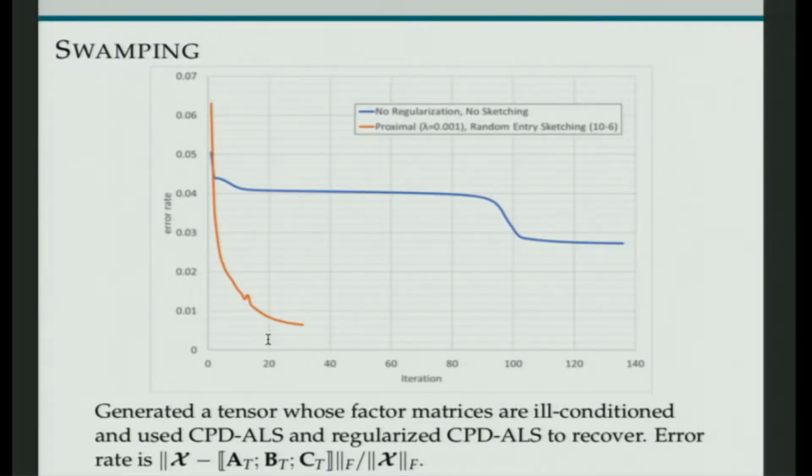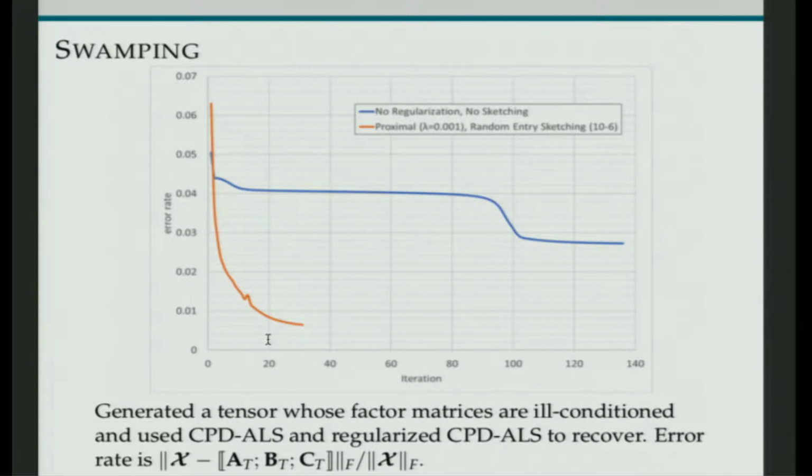So here's an example of swamping. So we generated a tensor where all of the factor matrices are ill-conditioned. So that means that the columns of A, B, and C are almost collinear. And then we use CPD ALS to get this blue line here. The error rate is just the relative reconstruction error of the tensor.